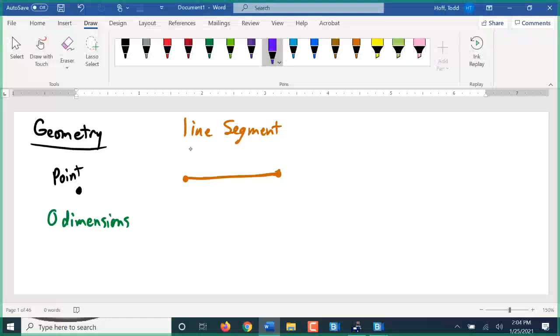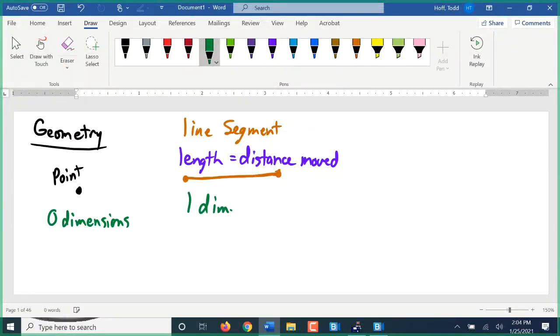Now the length of that line segment is equal to the distance that the point moved. This now has one dimension. You can think of that one dimension in a few different ways. First, it's one dimension because it's created by moving that point in a single direction.